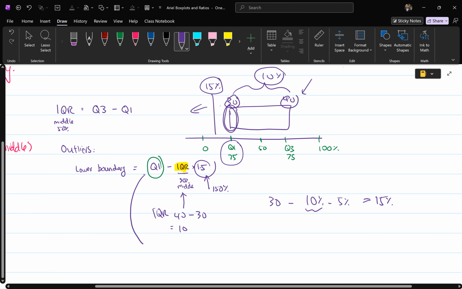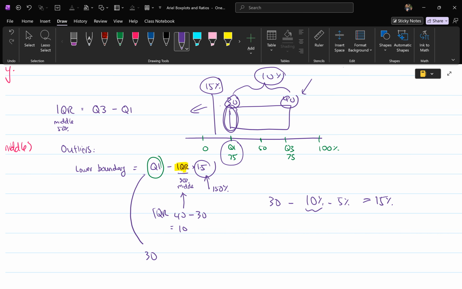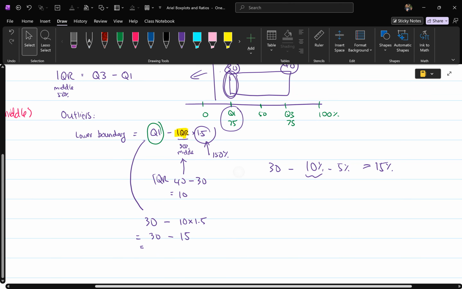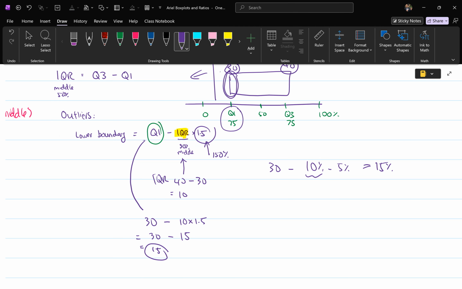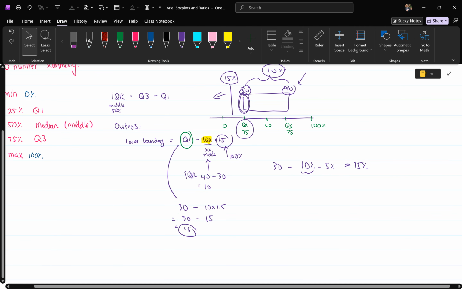The lowest person scored 30, so the middle of the lowest group is 30. Take away the IQR, which is 10, times 1.5. If you do that on your calculator, it's 30 take away 15, and that gives me 15. So that's the lower boundary: anyone who scores less than 15 is considered an outlier because they're not in the same group as everyone else.